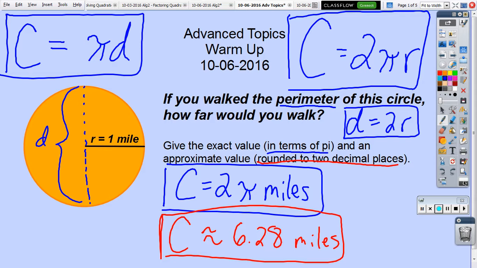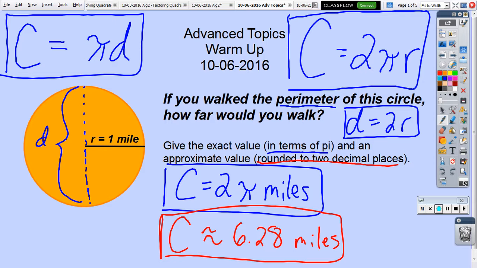The definition of a radian, according to the textbook, which is good, is: 1 radian is the measure of the central angle of a circle that intercepts an arc equal in length to the radius of the circle. So what that means is if I could take this radius here, and I were to take that distance of 1 mile, and I were to curve it so it fits perfectly on the perimeter of this circle, so that distance is 1 mile.